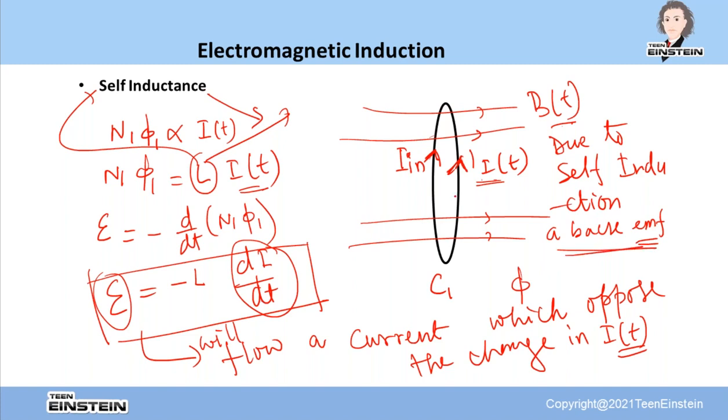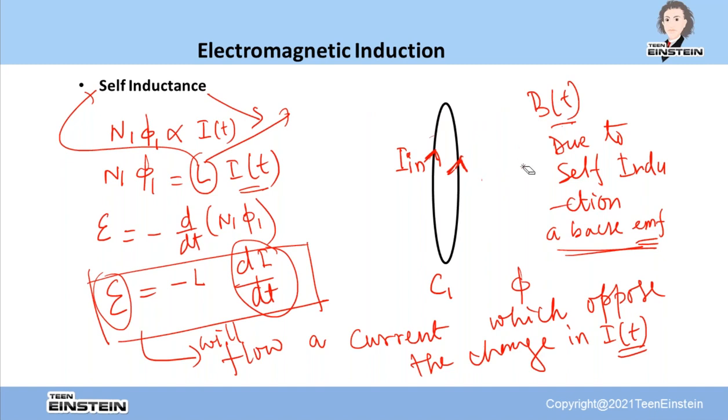So that means a single isolated coil can also produce an induced EMF due to the change in the current in itself, or due to the change in the flux in itself. That's why it is called self induction.